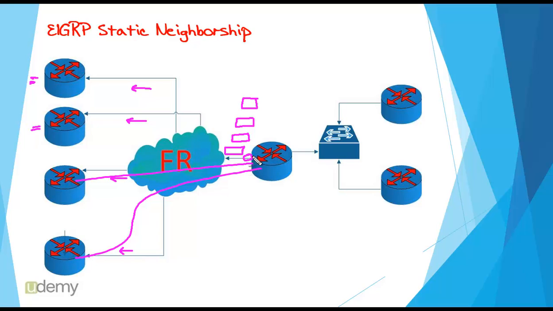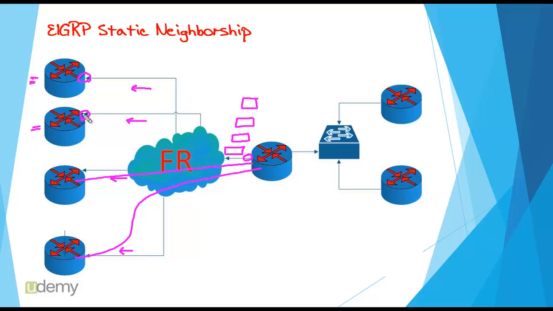If you configure static neighborship on an interface, the router will not process EIGRP multicast messages on this interface after that. Therefore, if you configure static neighborship on a subinterface on this side, you have to configure it on this side too. Otherwise, the neighborship between these 2 routers will be lost, because you configured static neighborship here and this router still uses multicast messages, which are not processed on this router.